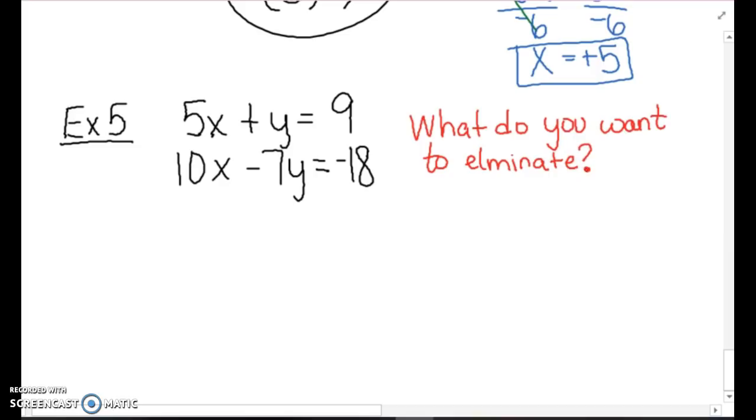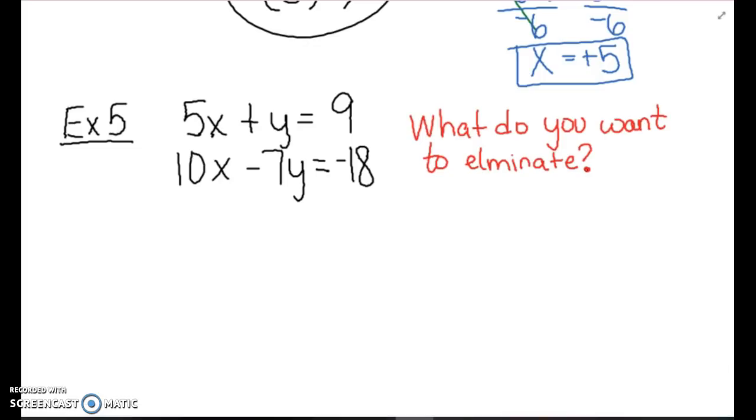And there is no wrong answer here. You have multiple options to what variable you want to eliminate. How can you turn the 5 into 10, or how can you turn this 1y into 7y? Either method works. It really does not matter.